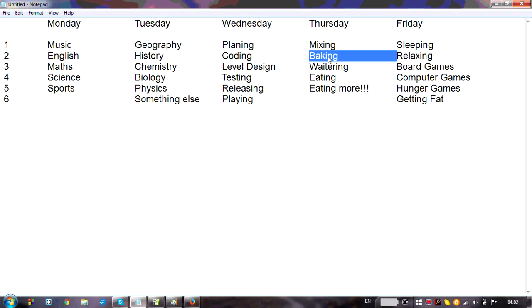What if we go to the right? It says relaxing, and it's our second class for the last day, Friday. It looks like when we are moving left or right, we are changing the day of the week. And when we are moving up or down in the table, we are changing the hour we are going to study this class in. Okay?